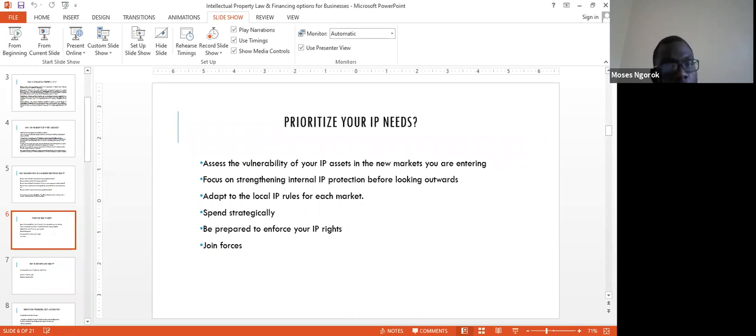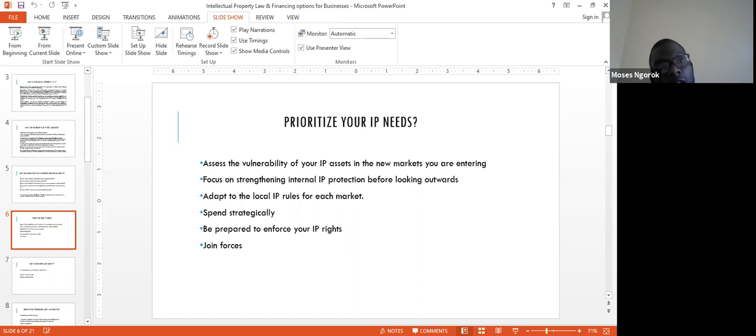The next thing I'll be looking at is strengthening my internal IP protection. So you must note that even before you go to register your intellectual property, there are other avenues available to you that you can use to safeguard your intellectual property, especially during the stage of development.